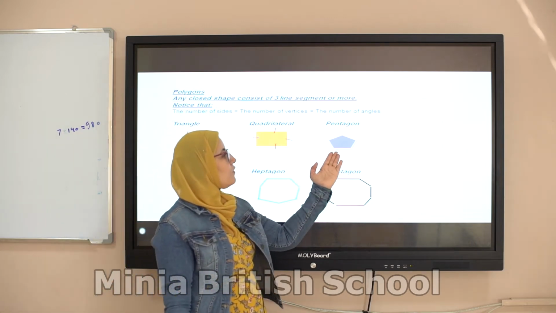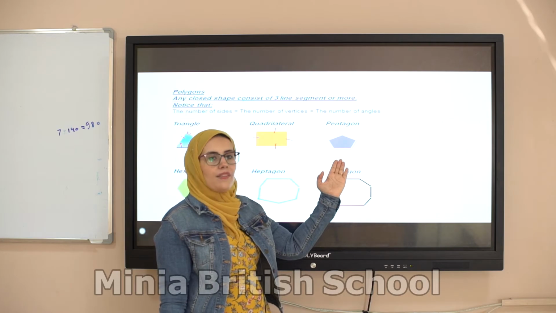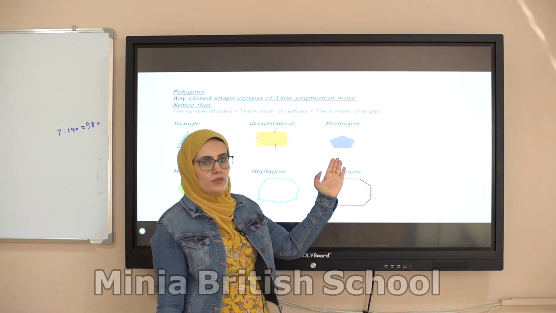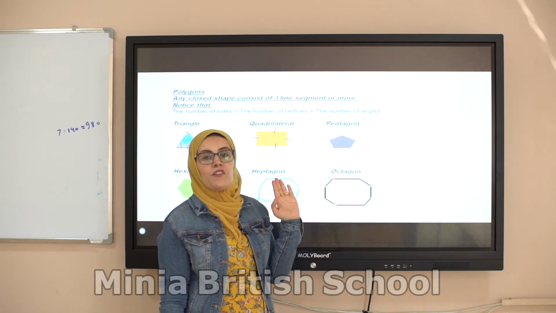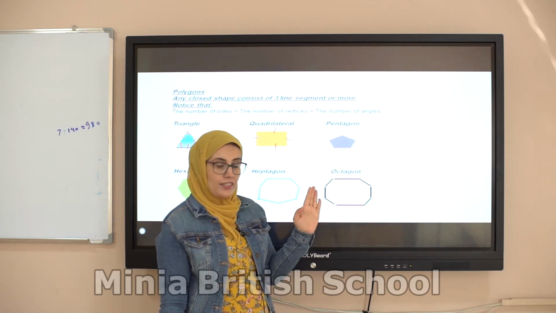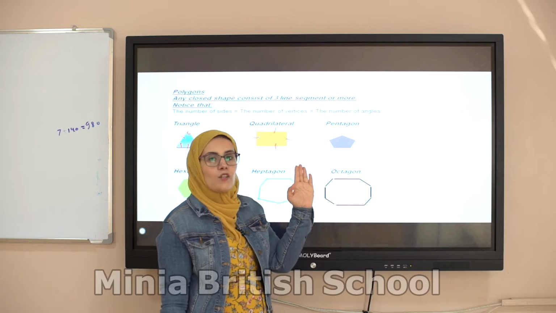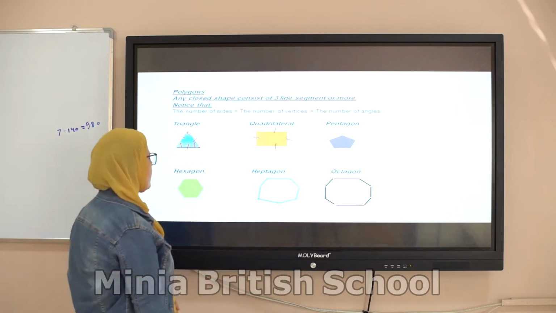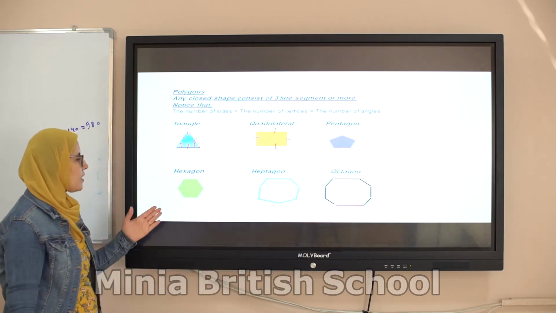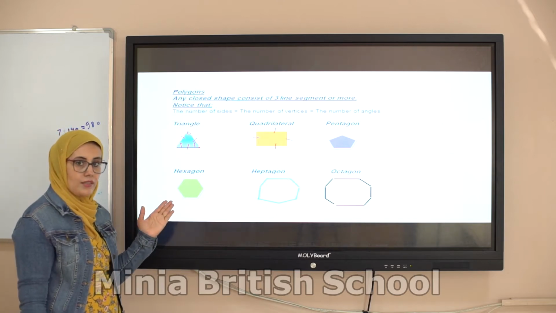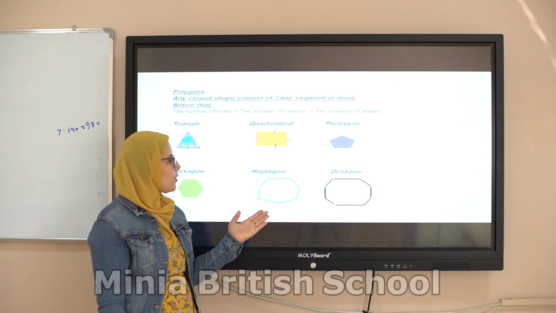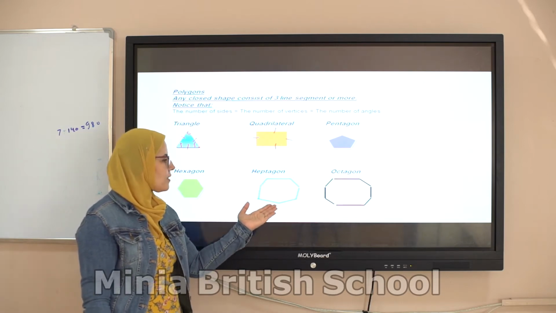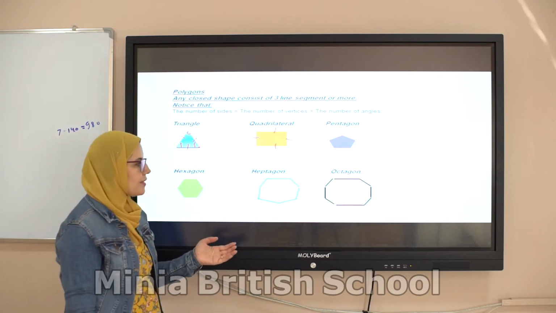When we have 5 sides, it's called a pentagon: 5 sides, 5 vertices, 5 angles. Hexagon means 6 sides, 6 vertices, 6 angles. Heptagon means 7 sides, 7 angles, 7 vertices.